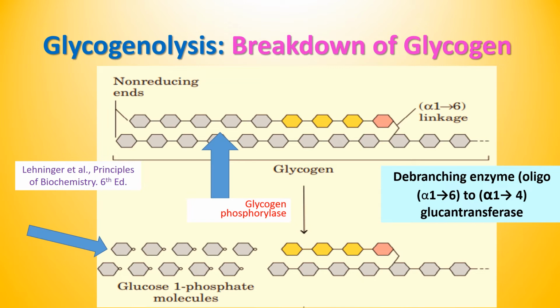Once these branches are transferred and the glucosyl residue at carbon number 6 is hydrolyzed, glycogen phosphorylase activity can continue. Glucose 1-phosphate can enter glycolysis, or in liver it replenishes the blood glucose.